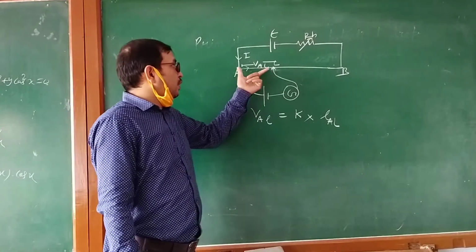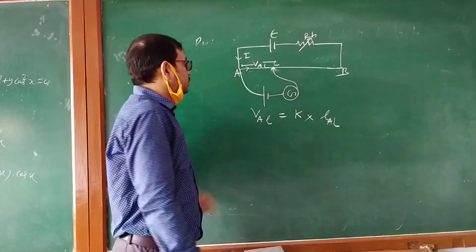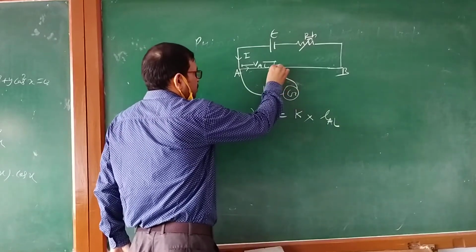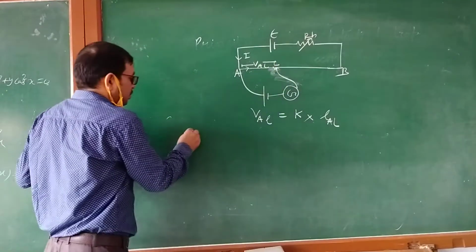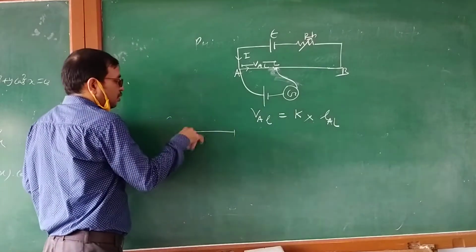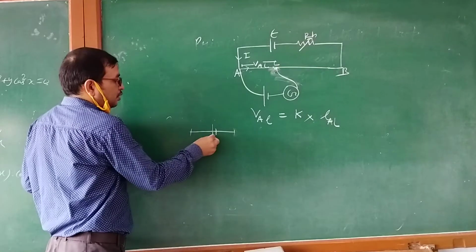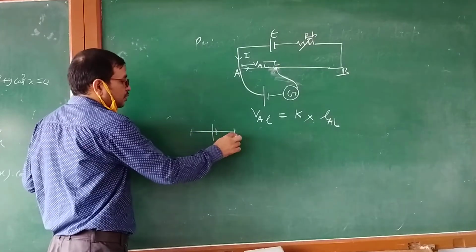Now, first we will discuss when current is flowing through this. Try to understand in a different way. Suppose this is some potential drop, it is creating some potential difference in the cell.